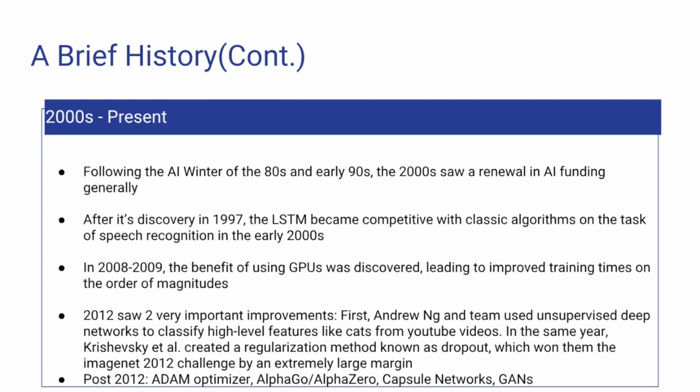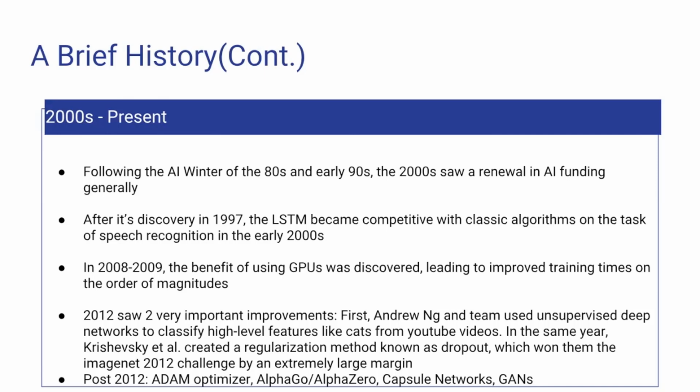In 2012, we saw two very important improvements. So Andrew Ng, probably one of the biggest, if not the biggest, neural net and AI researchers out there right now. He was with Google Brain. He then went to Baidu, and now he is doing deeplearning.ai.